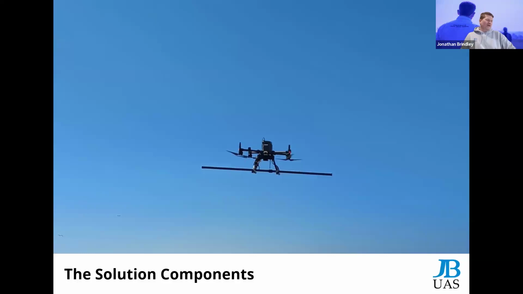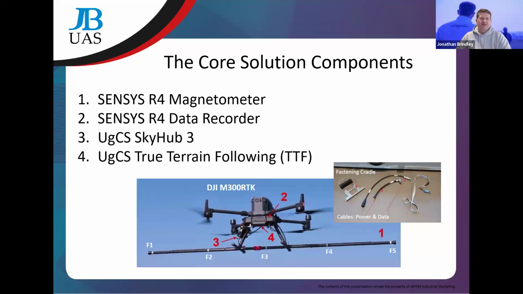So let's look at the solution that we're here to talk about today, the R4, and look at the solution components. The core solution components, as far as we need to know, are first of all the SENSYS R4 magnetometer itself, and you can see that in the picture. It's the long rod at the bottom of the drone.